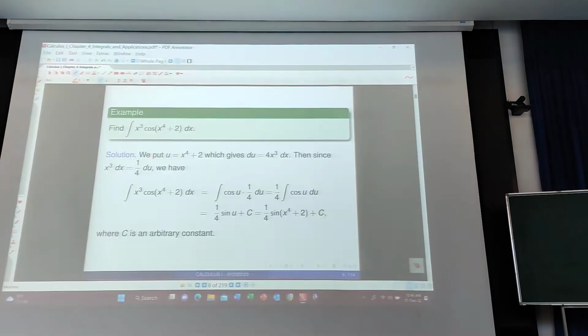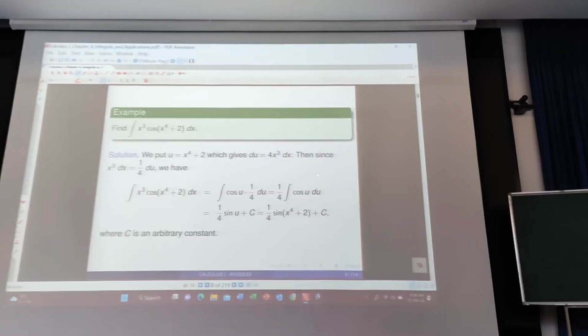So from the complicated function h of x, you now have a very simple 1/4 cosine u du. Cosine u du, cosine z dz, cosine t dt, it doesn't matter.